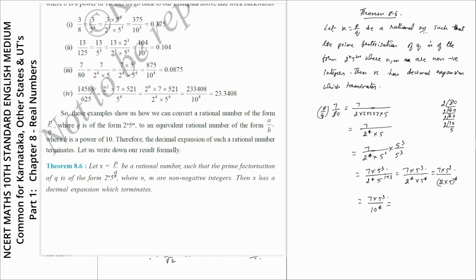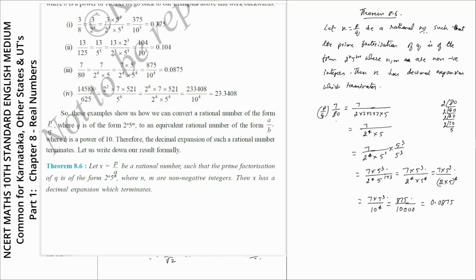The numerator is 5 into 5 into 5 into 7, which gives 875. 875 by, in the denominator, 10 power of 4 means 1 followed by 4 zeros. So if I divide this I will get 0.0875. Okay, this is what the theorem says.